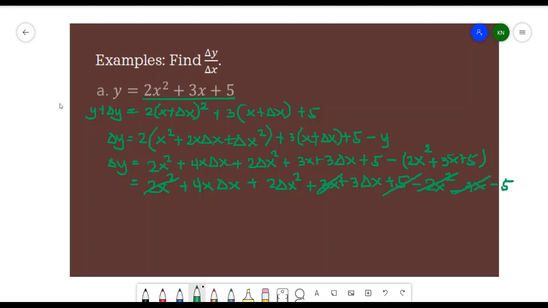We also have 5 minus 5, that is just basically 0. So what we have left is 4x delta x plus 2 delta x squared, and we also have the 3 delta x. So this is what we have left now. We have delta y.